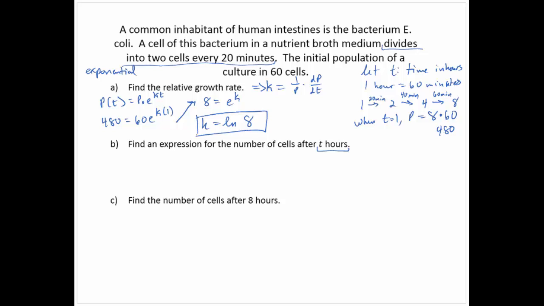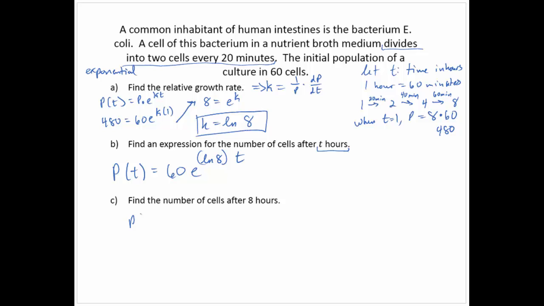So then an expression for the number of cells after t hours would be P of t is 60 e to the natural log 8 times t. Find the number of cells after 8 hours.